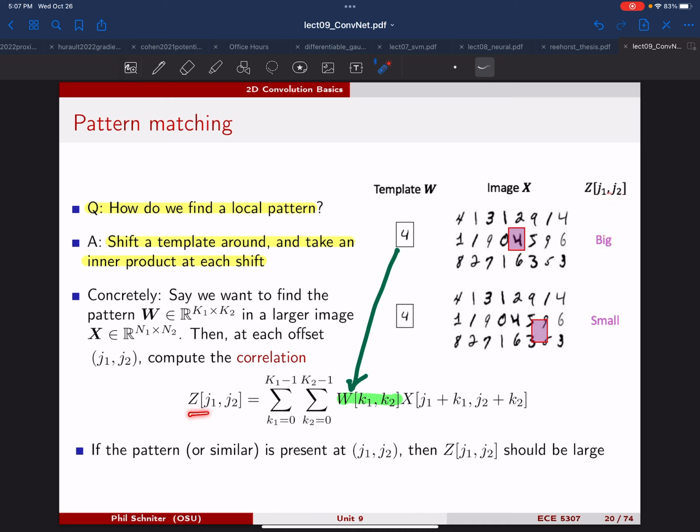And so this is finally the output location, J1, J2. So is this equation making sense, how the different indices are coming into play? This is the location that we're sliding the template to, and these are intermediate, temporary variables that are being used to move the pixels around in our template, and the offsets from J1 and J2. So this is essentially what we want to do.